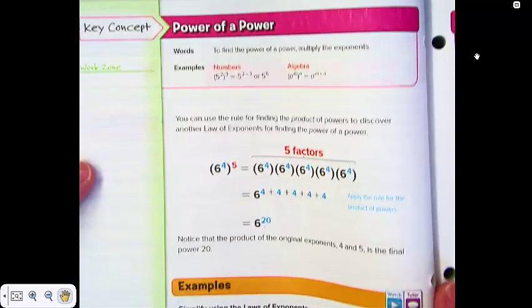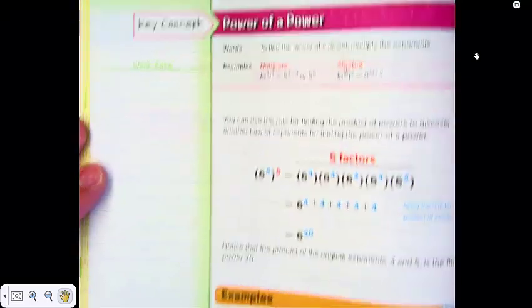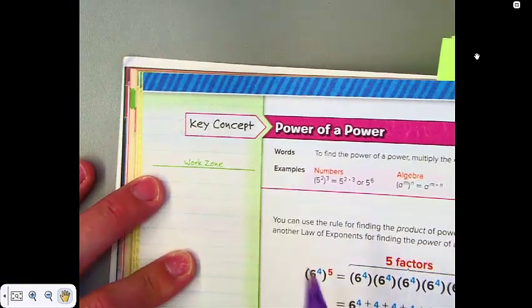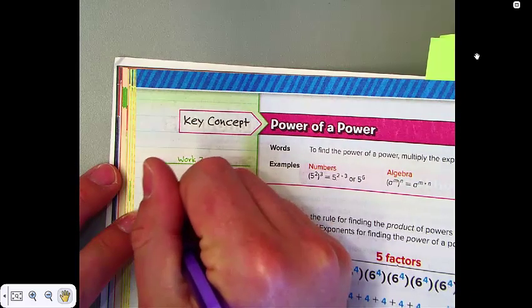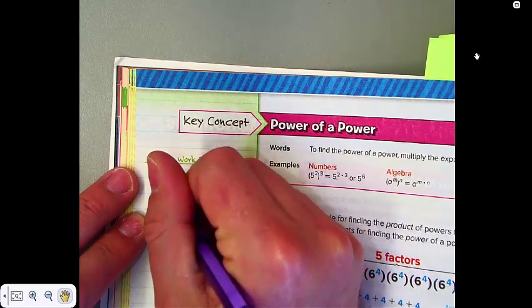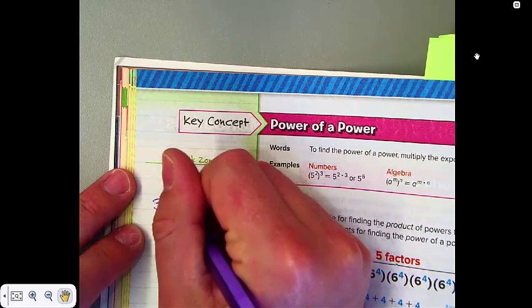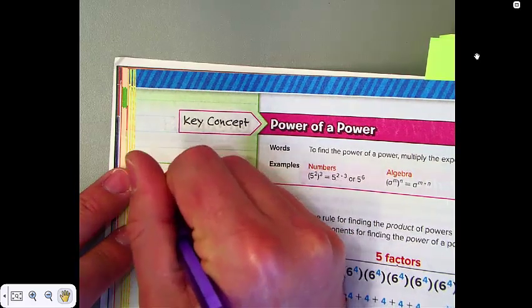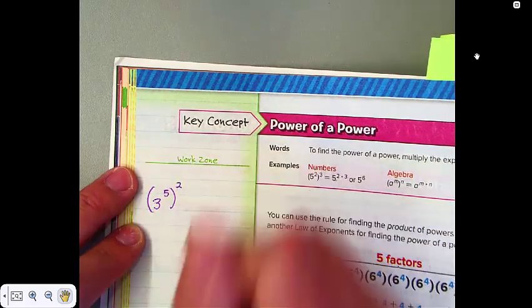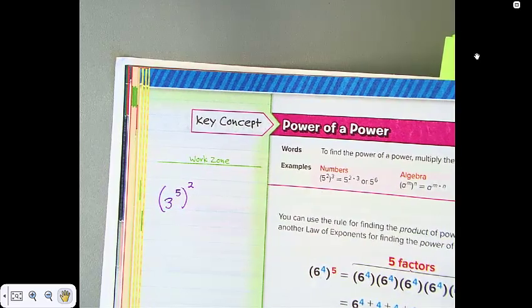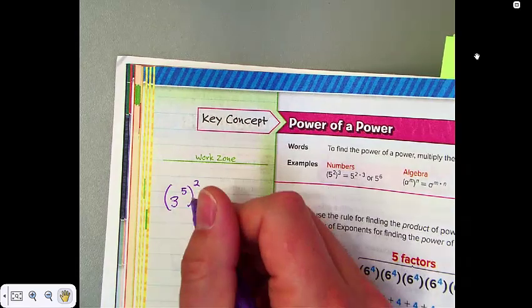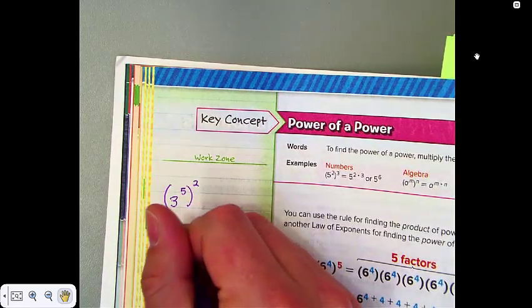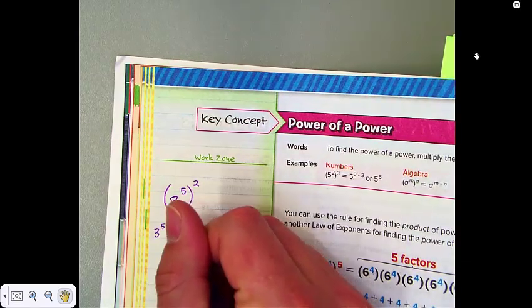Okay? Let's take a look at something out to the side here. So I'm going to use the example of 3 to the 5th power, all the way to the 2nd power. Okay? So basically I have 3 to the 5th twice right there, which I could then write out if I really wanted to just torture myself.